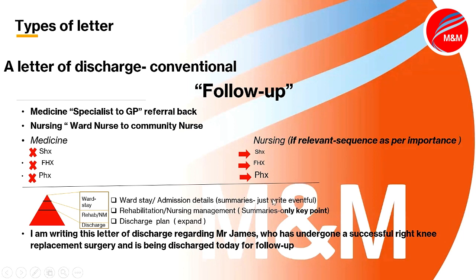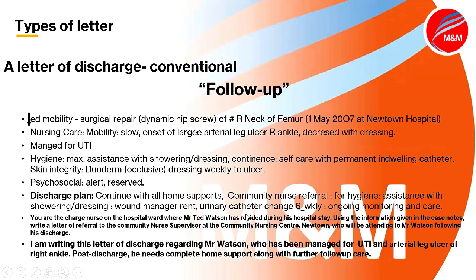Okay. So afterward, we can see there a letter of discharge, conventional follow-up, let's say, we have this information being given. Let's say degree of mobility, surgical repair, whatever, nursing care, mobility, slow onset of ulcer, hygiene maximum. So we have the discharge plan.